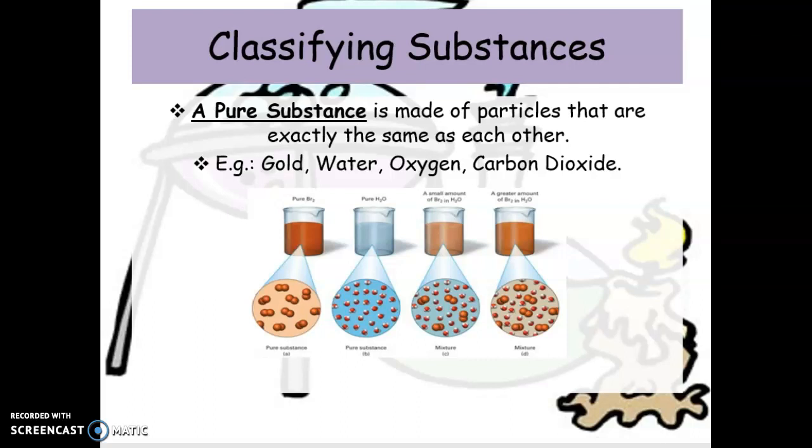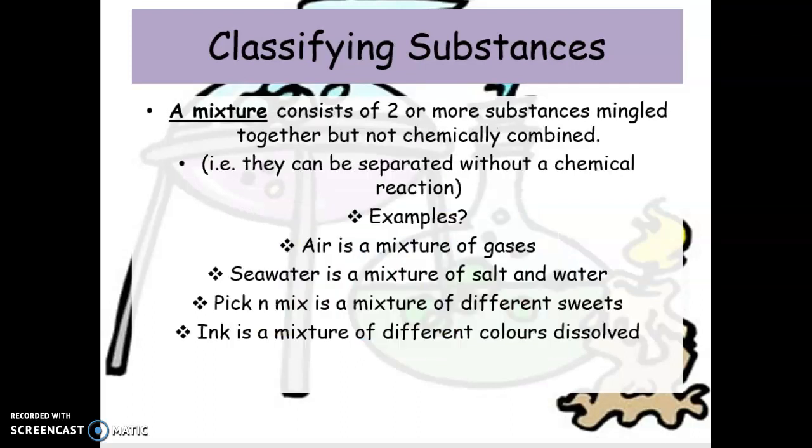If you look at gold, all of the particles in gold are going to look exactly the same. If you look at pure water, where there's nothing else added, all the particles are the same. So they're examples of pure substances. If you took water and added salt, then there are two different types of substances there, so that's classified as a mixture, okay?